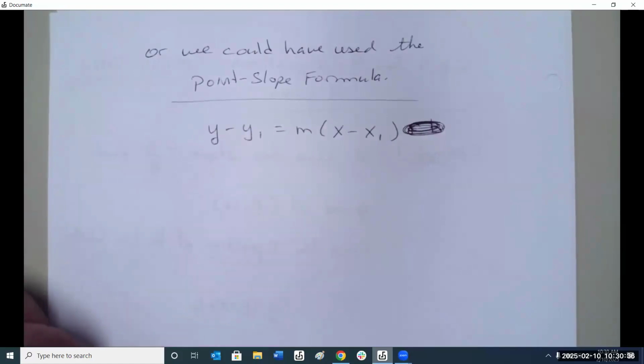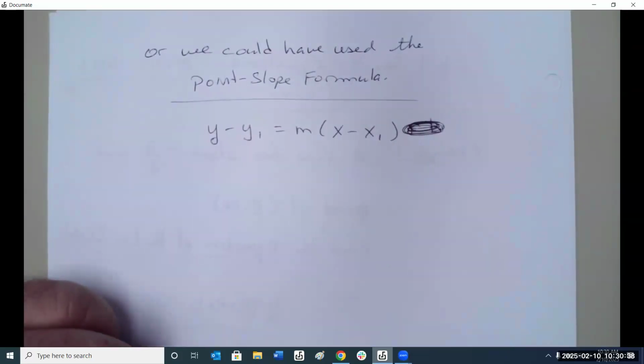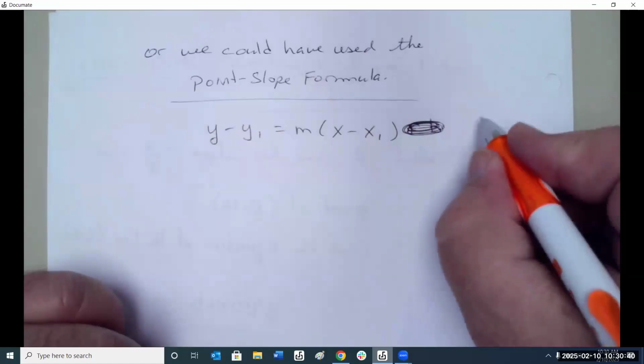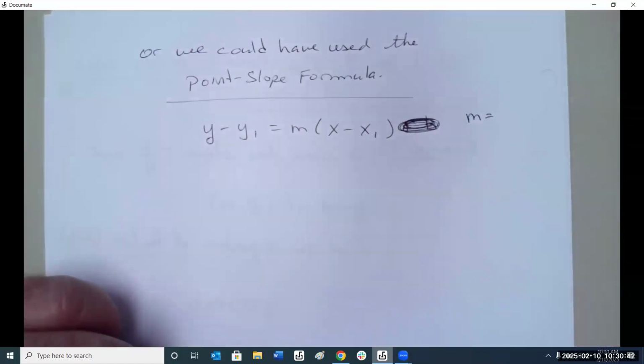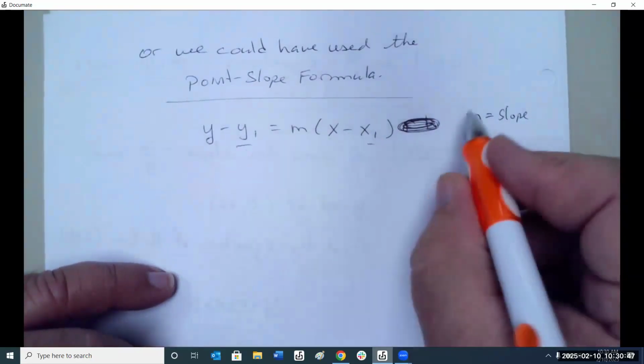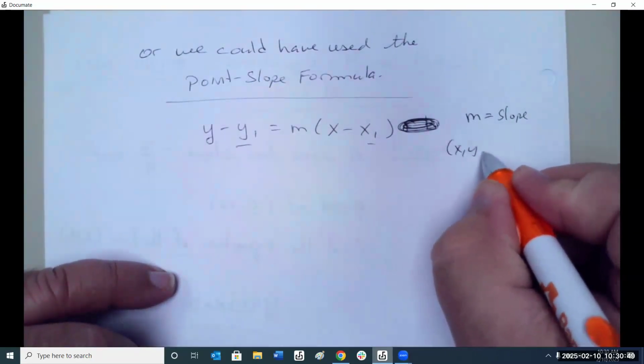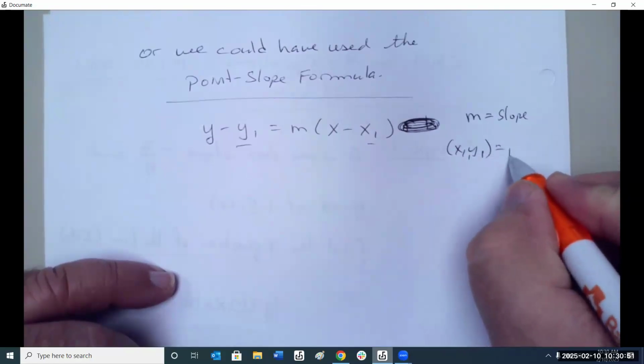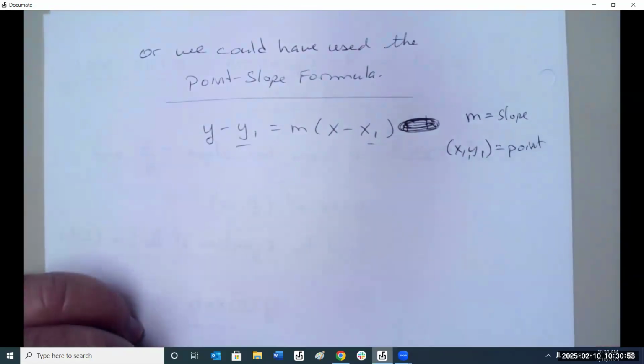Why is it called a point slope formula? What does m represent? What do x1, y1 represent? It's a point.